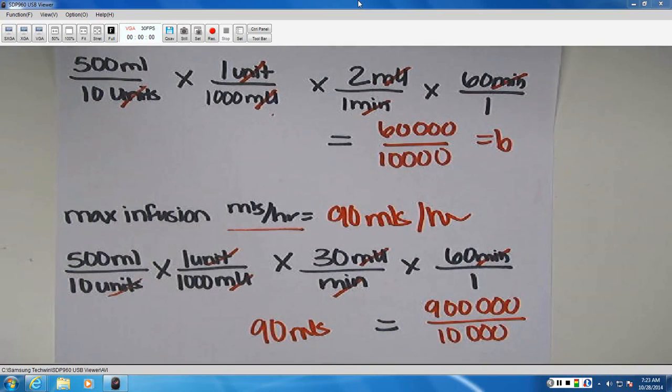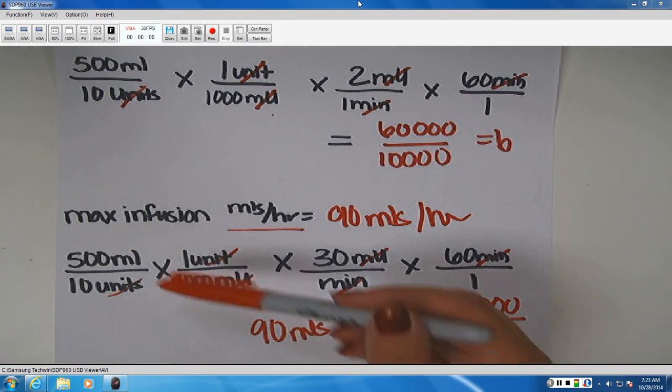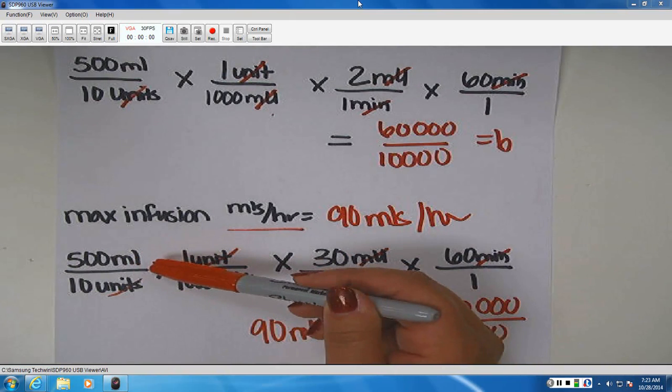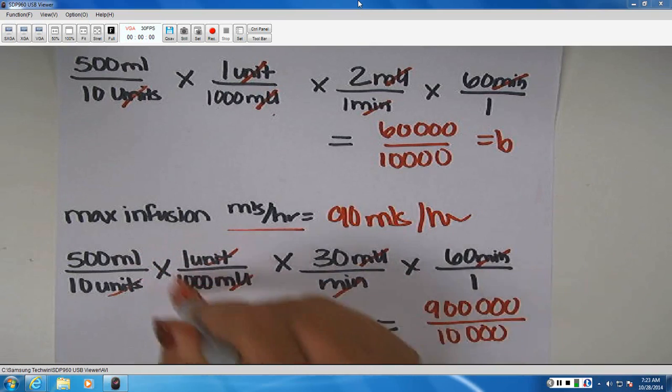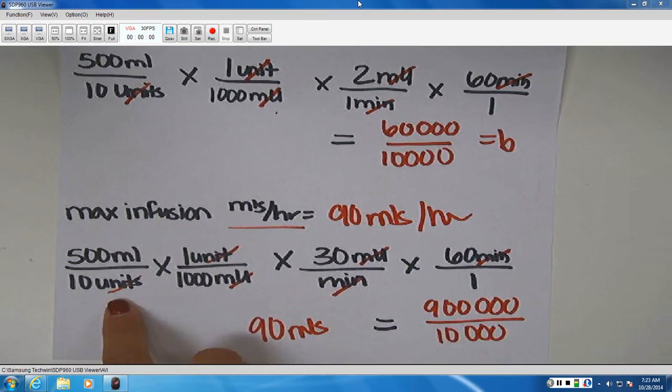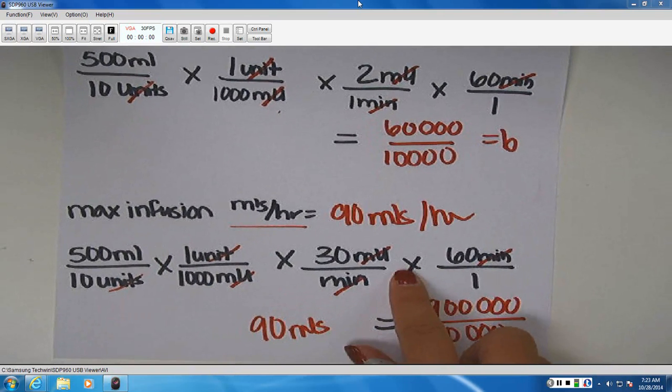Okay? So just again to clarify what we just did, the question was what is the IV rate for the maximum infusion? And on our little problem it says the maximum dose is 30 milliunits per minute. So I have a bag that has 500 mLs of D5W with 10 units of Pitocin in it. Here's my conversion. I have units on hand. The physician has ordered milliunits.